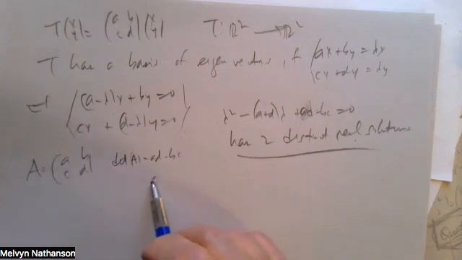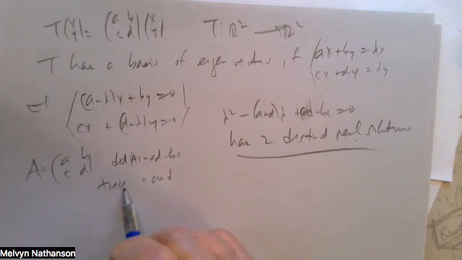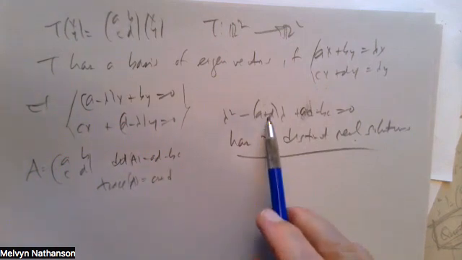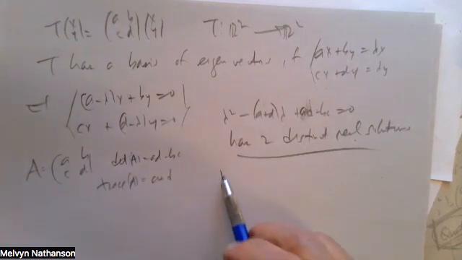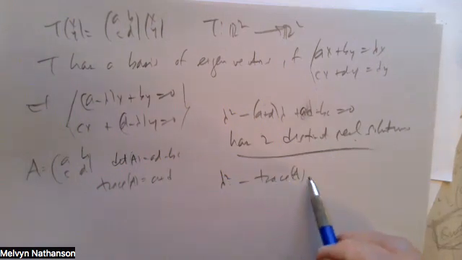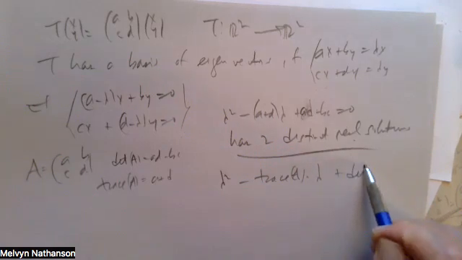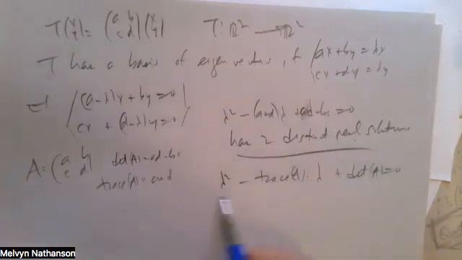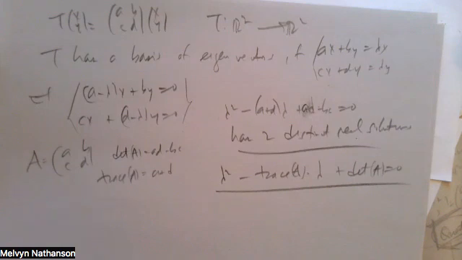And if I take the sum of the terms on the main diagonal, A plus D, that's called the trace of A. So another way to write this equation is lambda squared minus the trace of A times lambda plus the determinant of A equals 0. If this equation has two distinct real solutions, then we're guaranteed that we have a basis of eigenvectors.